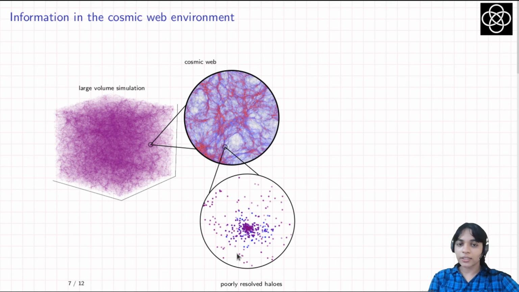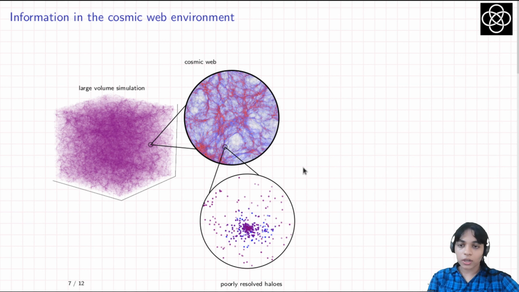They may be situated in a region where they experience uneven tidal forces, for example, in the middle of a filament, or they may be under the influence of a large massive halo, or they may experience equal tidal forces in all directions, as would be the case of a dark matter halo somewhere in the middle of a void or at the center of a node.